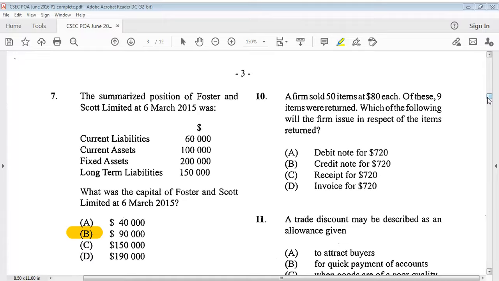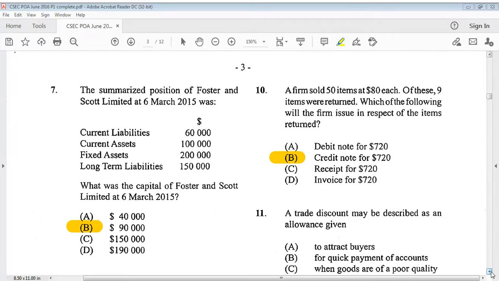So 9 items were returned, so we would multiply 9 by $80 each, and that would give us $720. But what about the $720 in respect of the items returned? So that would be B, credit note for $720. So B would be our answer.